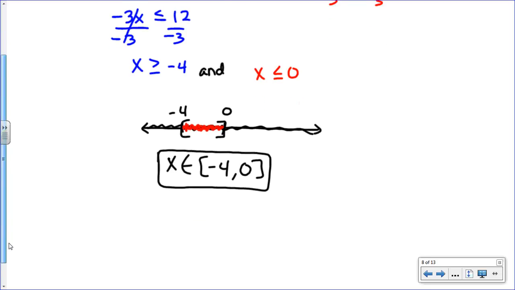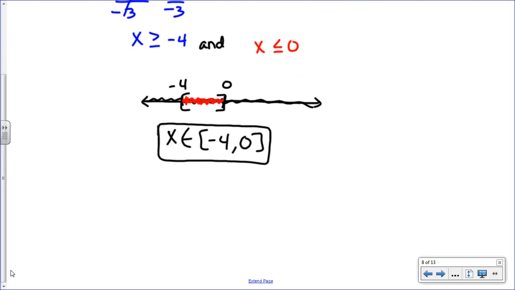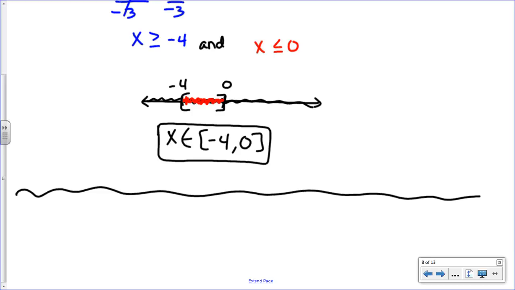I want to do another example. It's a short one. Okay, so this is also an and.